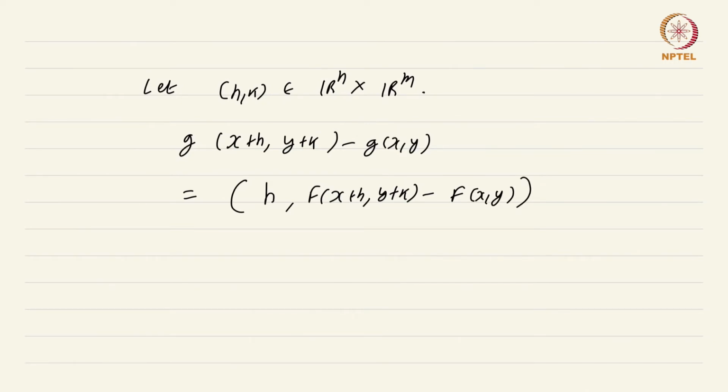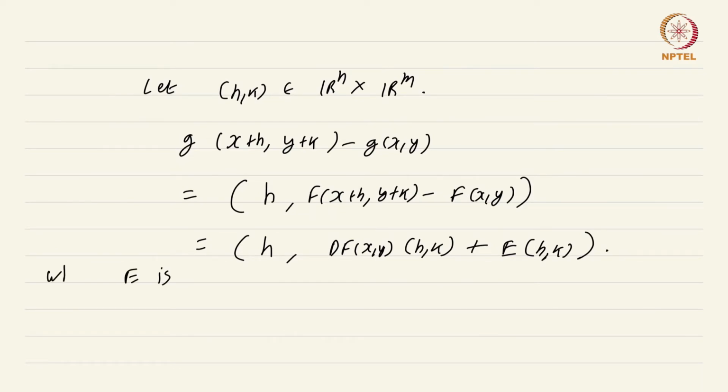Because f is differentiable, we can write this as dfxy acting on the vector h comma k plus a small error term E of h comma k. This is just the differentiability of the function f, where E is sublinear.